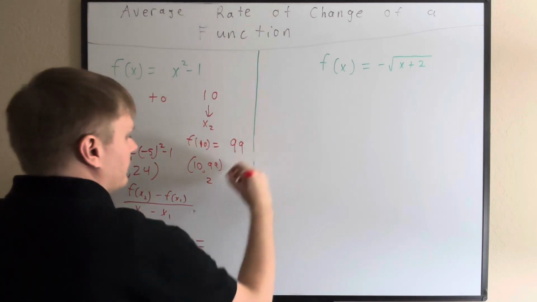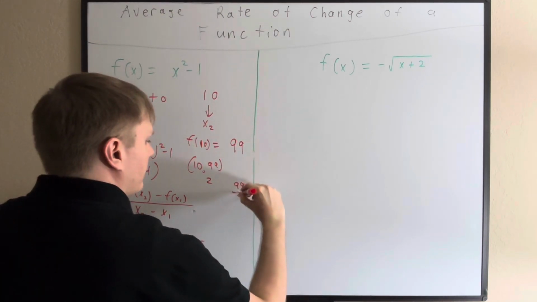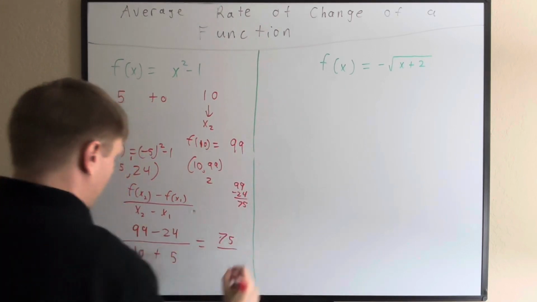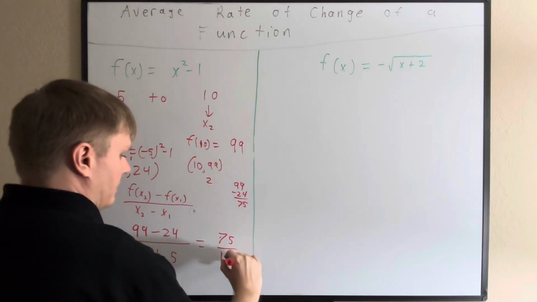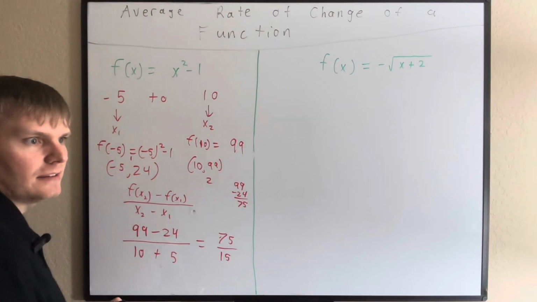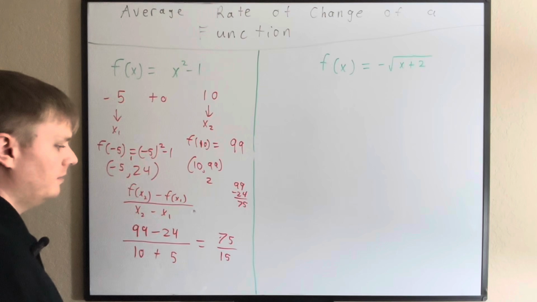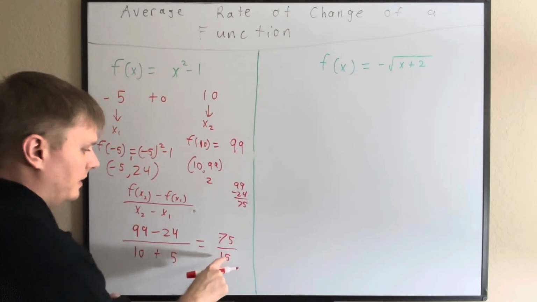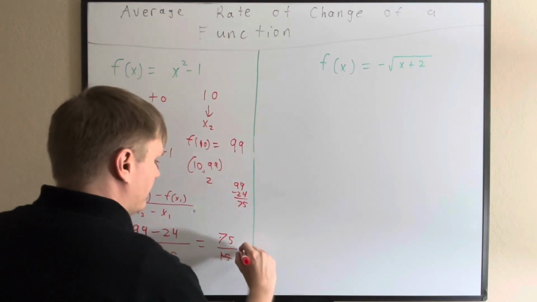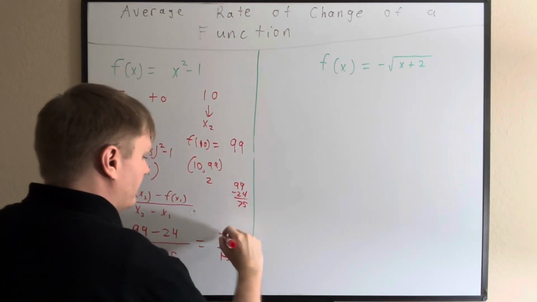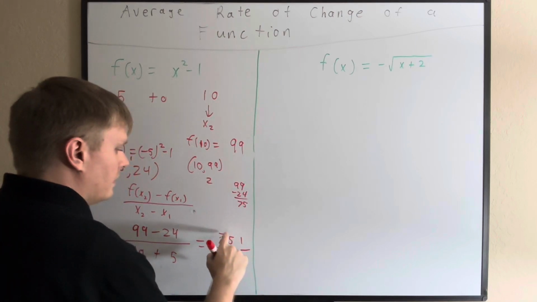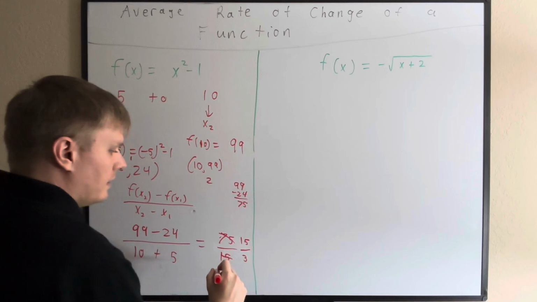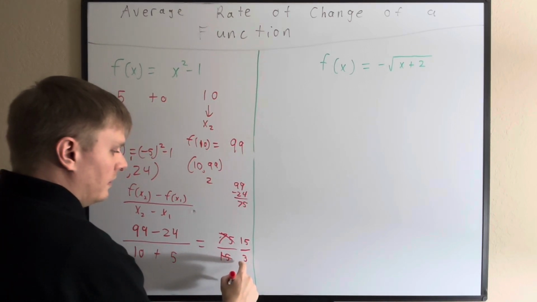Let's do a little math over to the side here. 75. 10 plus 5 is 15. 75 divided by 15, I think that divides out evenly, but I do know that we can divide this by 5. 75 divided by 5 is 15, 15 divided by 3 is 5.